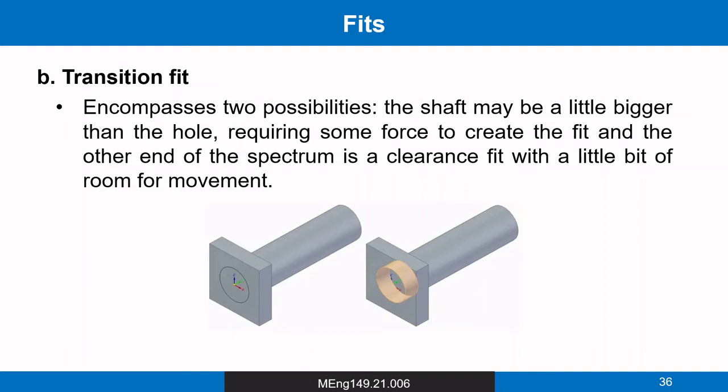So the transition fit is tighter than the clearance fit, because it is either a little bigger than the hole, thus requiring some force, or it can be a clearance fit with a little clearance, thus little room for movement.